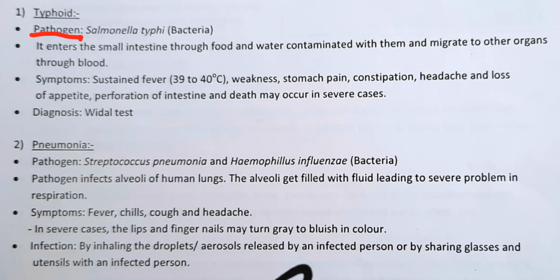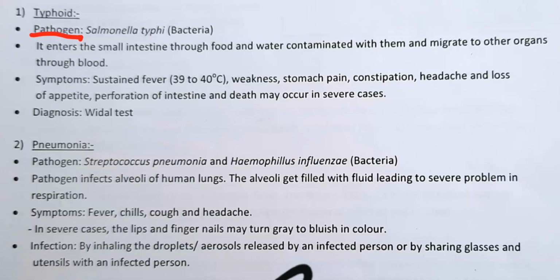Once the food and water are contaminated, and such food and water is consumed, first of all, the bacterium, salmonella, reaches the small intestine. That is its target site where it can flourish. After flourishing in the small intestine, from there it will spread to the other organs of the body through blood. Through blood, it will spread into the body and target other organs also, other than the small intestine.